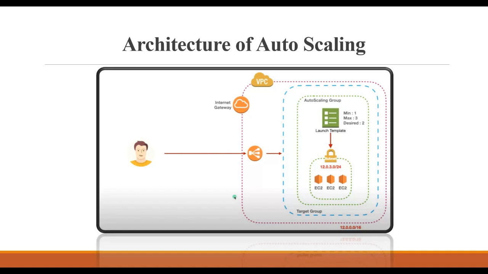The VPC security settings control the inbound and outbound traffic, and security groups can be applied to both the instances and the load balancer. So this is about the architecture of auto scaling. So it all helps to create the instances.